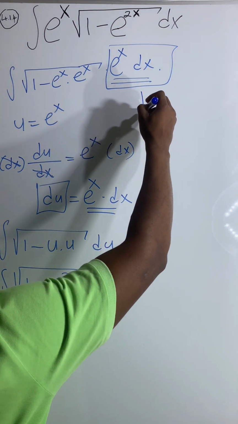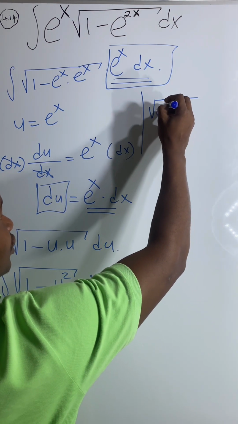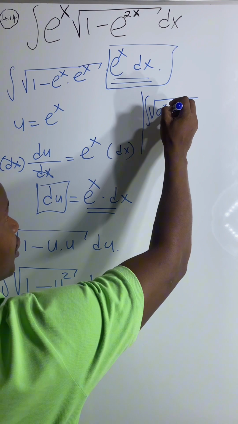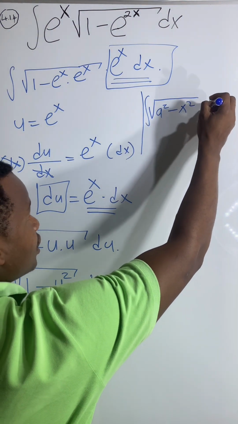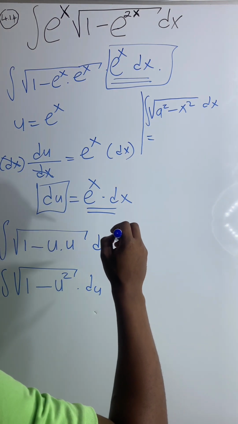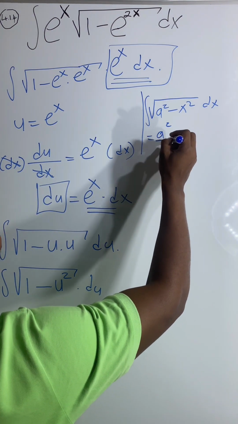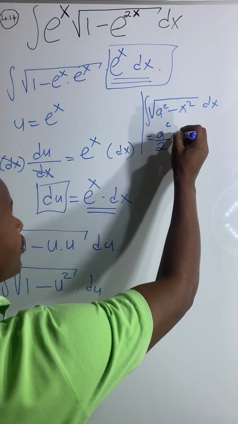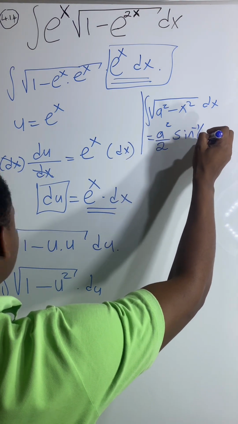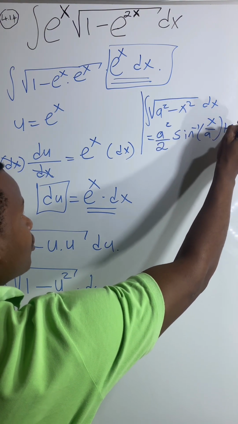On our formula sheet, we have the integral of the square root of a squared minus x squared dx, and we are told that it's equal to a squared over 2 arcsine of x over a plus c.